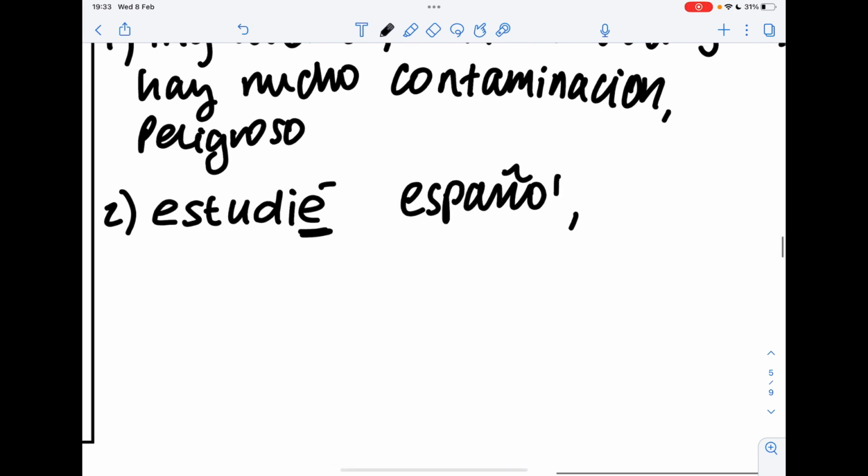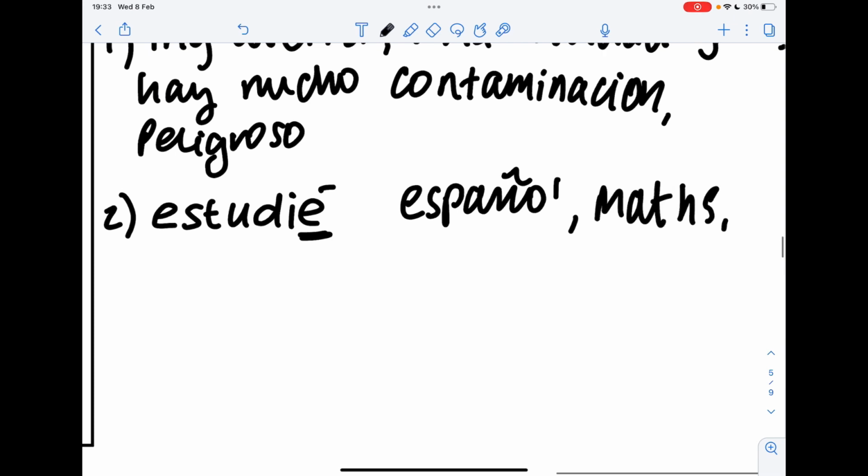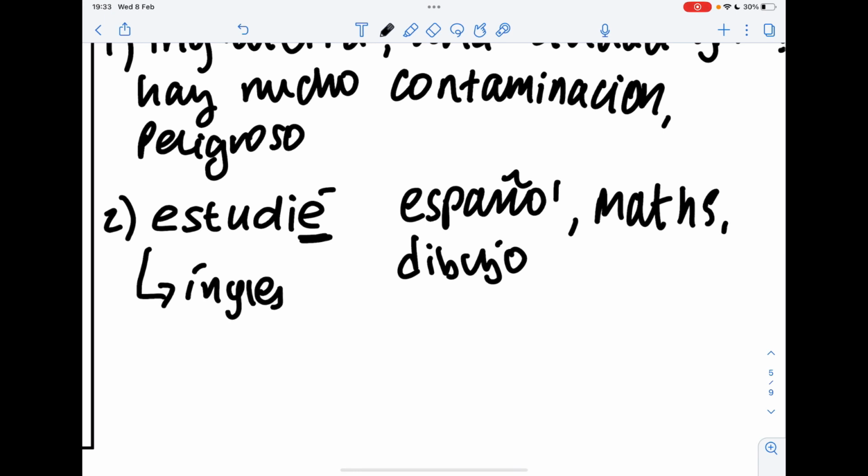I can say matemáticas. I'm just going to write maths because I'm running out of space a little bit. And dibujo, which is art. And then for this, my sort of wow phrase, I can say Inglés me aburre, which means it bores me. Oops, it's not how you spell bore. Is it? I don't know.